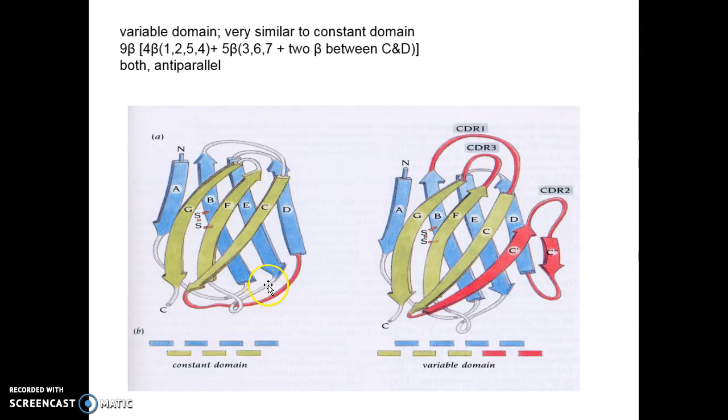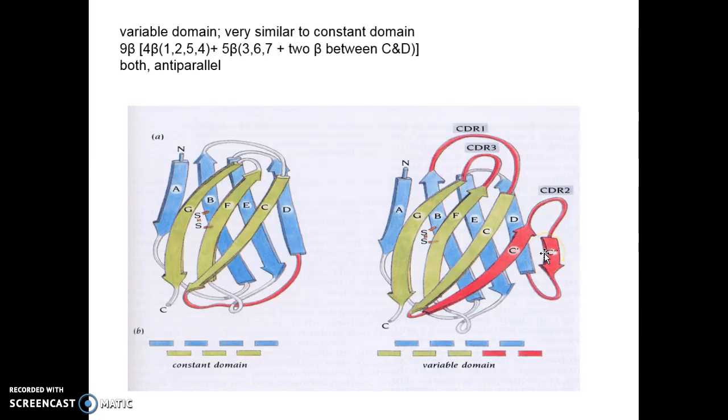Beta strands labeled A through G have the same topology and similar structure. There are 2 extra beta strands, C' and C'' in red color, in the variable domain.